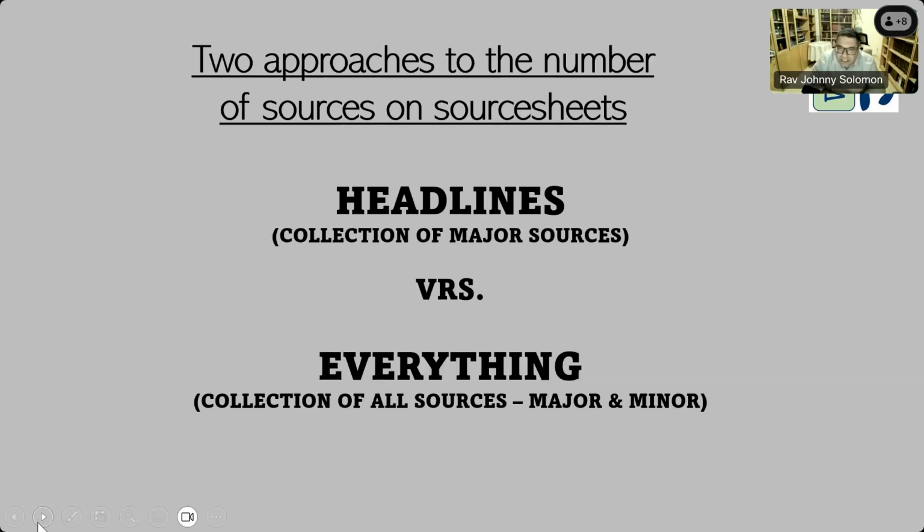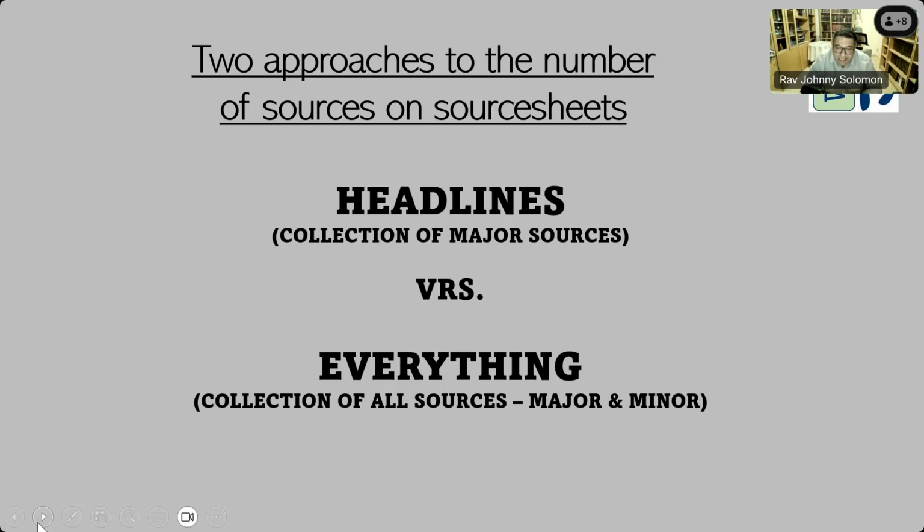But I'd say there's two approaches to the number of sources one presents on a daf makorot, on a source sheet. Option A is you're presenting just the headlines, meaning the collection of the major sources and references that you're going to mention in your shiur. Option B is everything. Every single thing you wish to mention, which may well be sourced somewhere, you're going to put on your source sheet.